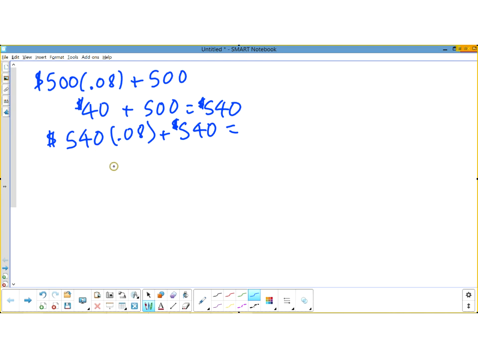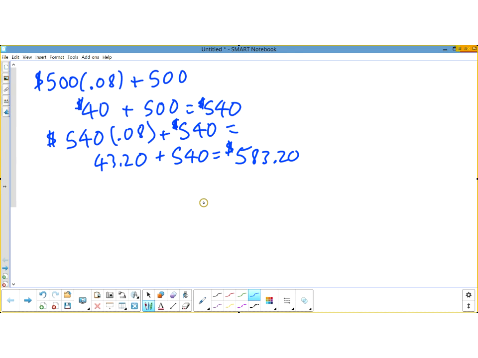So 8% of 40 is $3.20. So that would be $43.20. It makes sense that I make a little more now. Plus my $540, that equals $583.20. Okay, all well and good, not that hard.